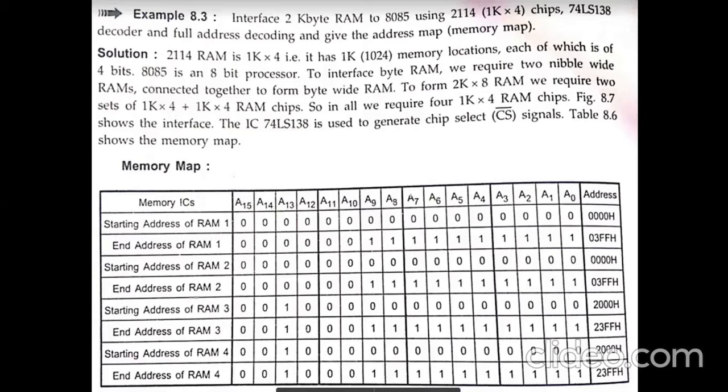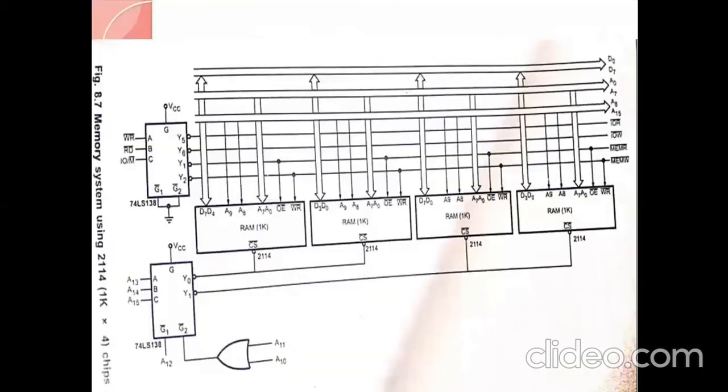So if you select RAM 1 and store the value at address 100, it will be stored in RAM 1. If you select RAM 2 and select address 100, it will store the data in RAM 2. Likewise RAM 3 and RAM 4: the starting address is 2000 and the ending address is 23FF for both.